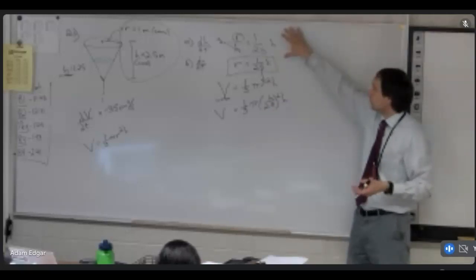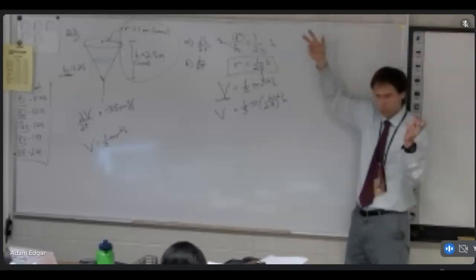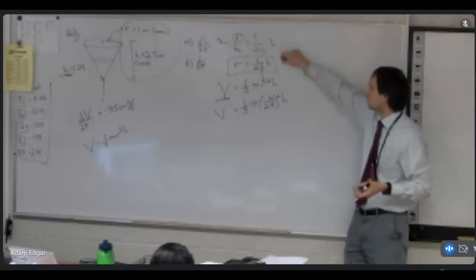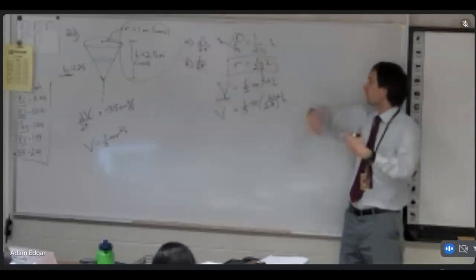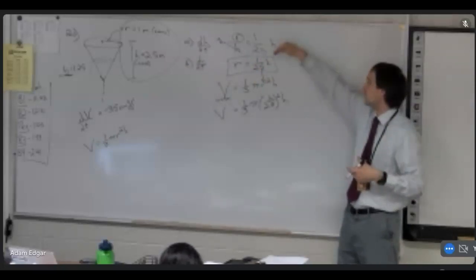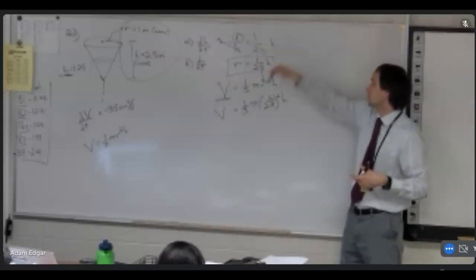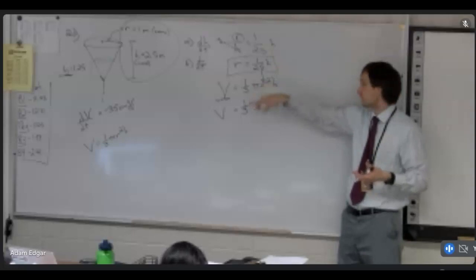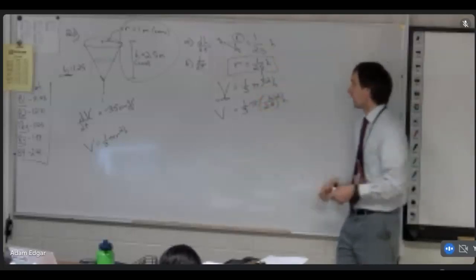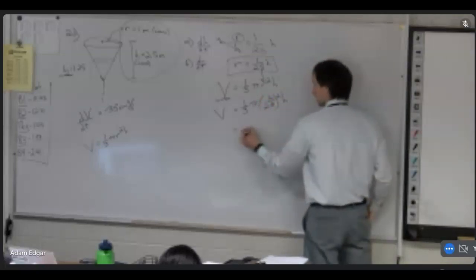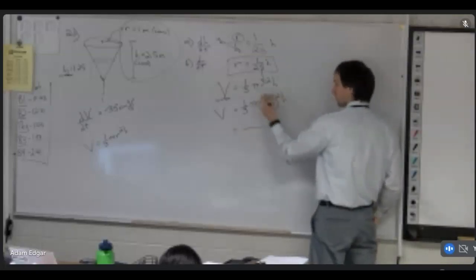So that's the key trick, if you want to call it a trick: that substitution, using the dimensions of the big cone to create a proportion of radius to height that you can then use to substitute for radius in your volume equation and eliminate your r variable. And then when you square this, how many h's do you really have running around up top?